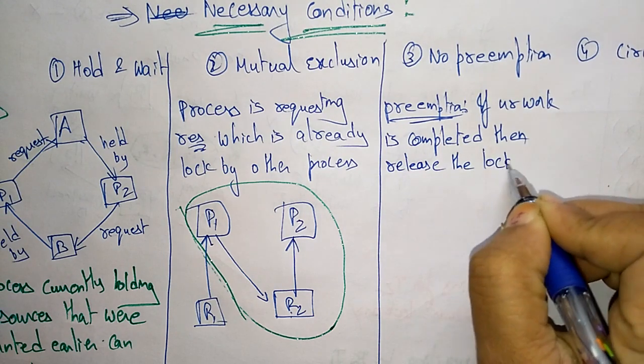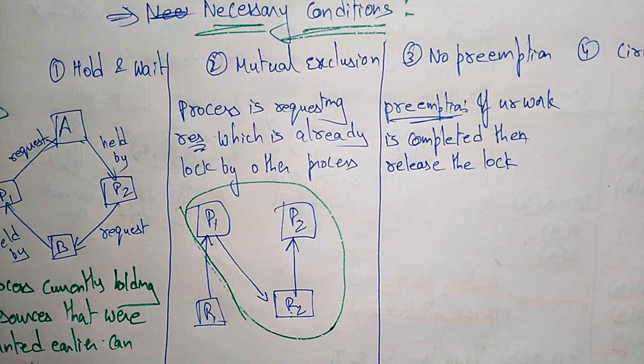Suppose your transaction is over, then release the lock, so other processes can handle those resources. That you call preemption.